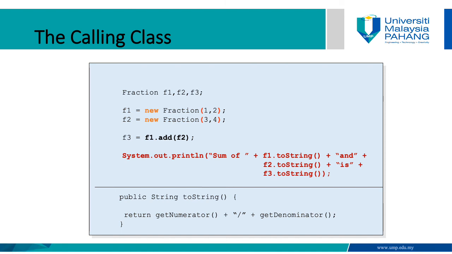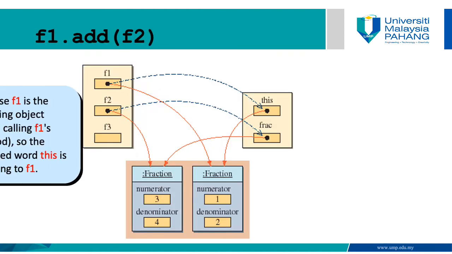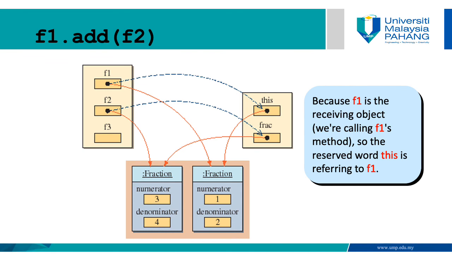So how can this line of code get the information from F1 and F2? Let's go here. So F1 dot add F2, right? As mentioned in the previous slide.